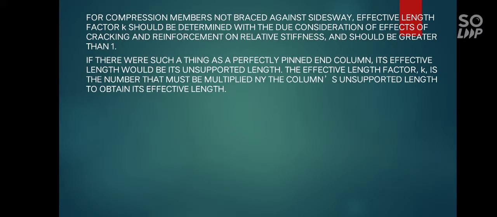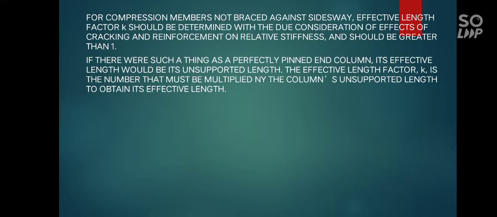For compression members not braced against sidesway, effective length factor K should be determined with due consideration of effects of cracking and reinforcement on relative stiffness. So ang relative stiffness guys, gitawag nato og EI o flexural rigidity, and should be greater than 1.